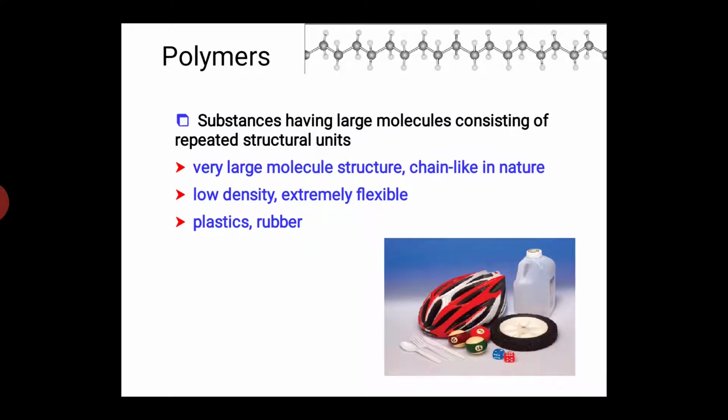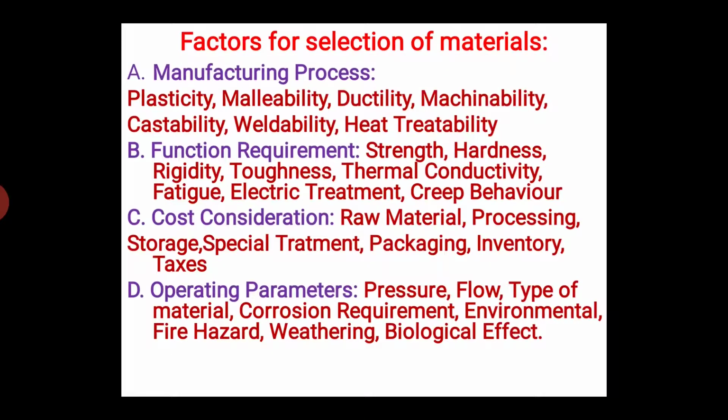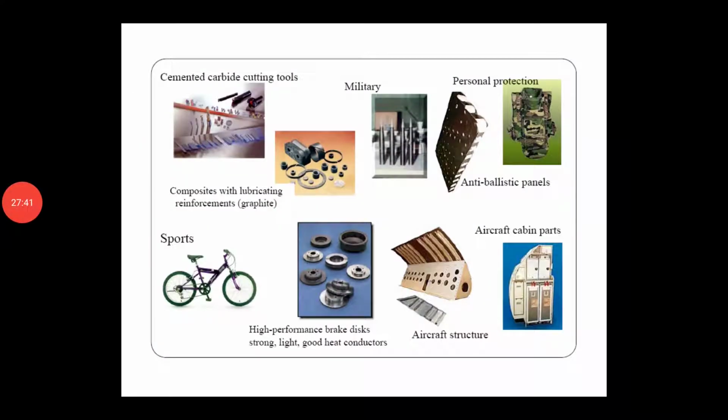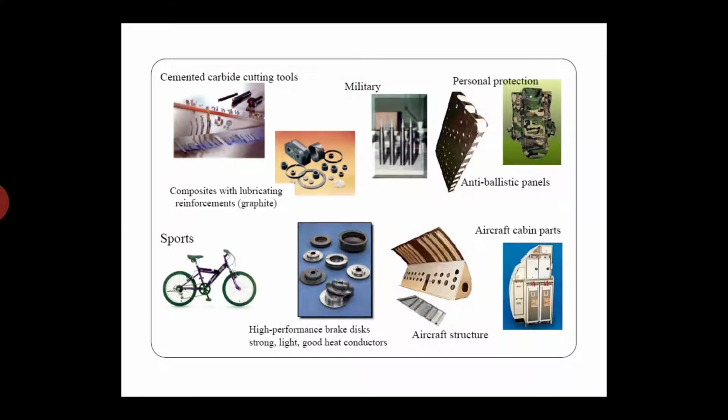Then organic material, polymer, composite materials. This is nothing but the classification of different materials. Now the factors affecting the selection of material we will study in the next lecture.